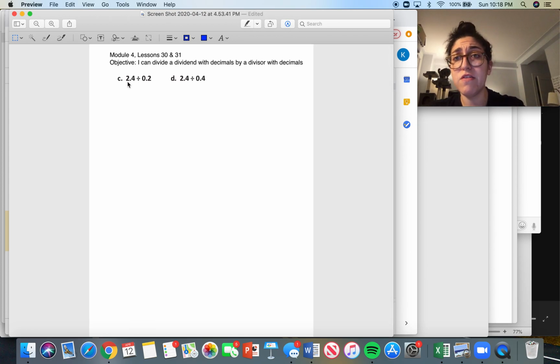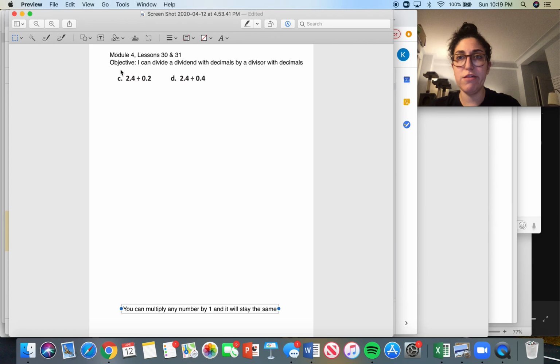There's a couple things that we need to remember before we start this trick. The first thing we need to remember is that you can multiply any number by 1 and it will stay the same, right? So if I multiply 3 times 1, it's still 3. If I multiply 2 times 1, it's still 2.